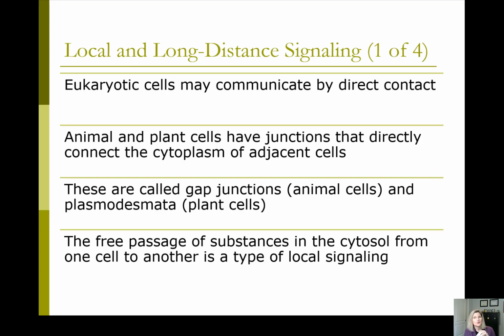So those again are called gap junctions in our animal cells, and in plant cells it's called plasmodesmata. So that allows for substances to go from one cell to another. So that's an example of local distance signaling where we have direct contact.